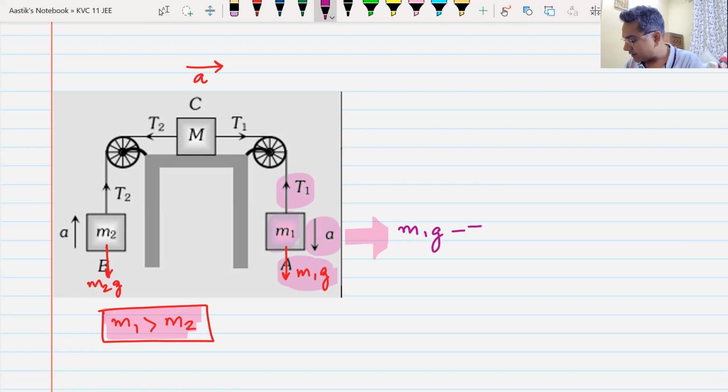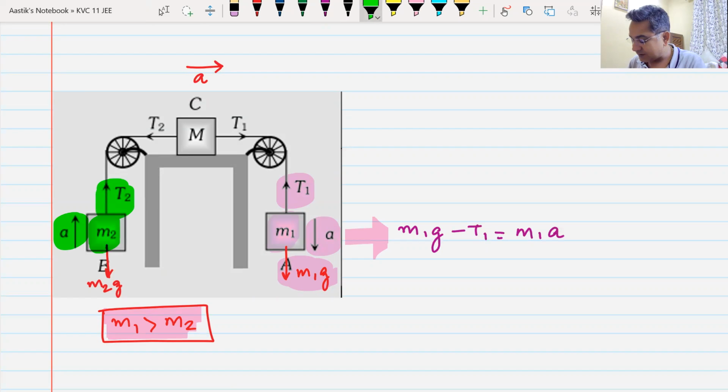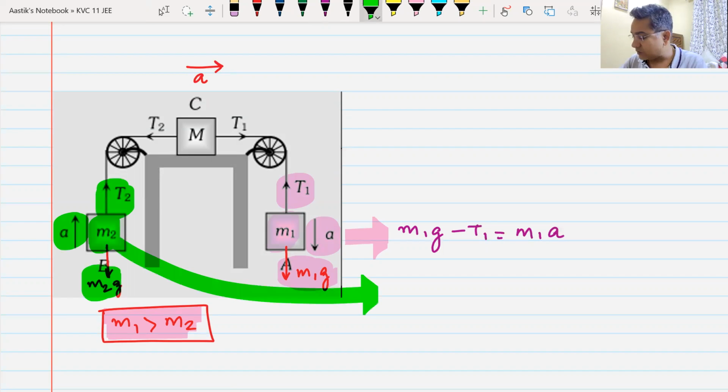M1G minus T1 is equal to M1A. Everyone understands this? And I'll move on to this green block. T2 is upwards, acceleration is upwards, M2G is downwards. So how does this equation look like? T2 minus M2G is equal to M2 into A.